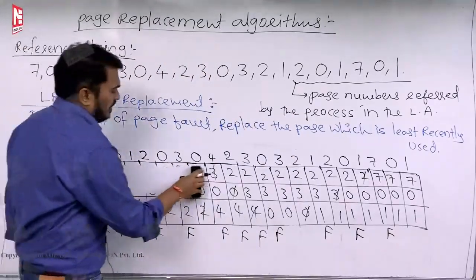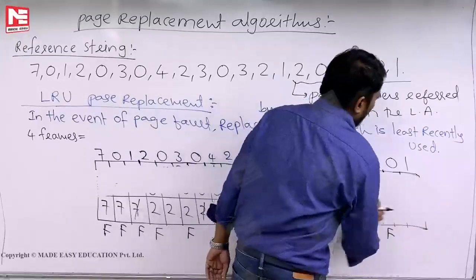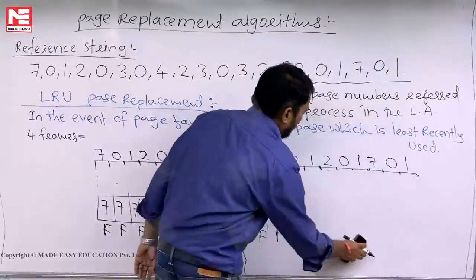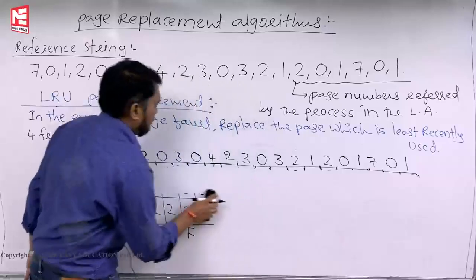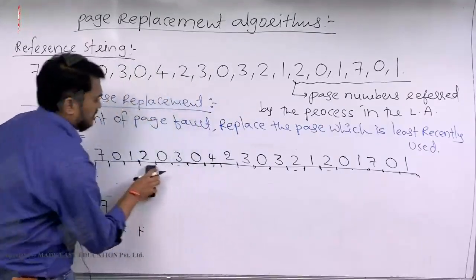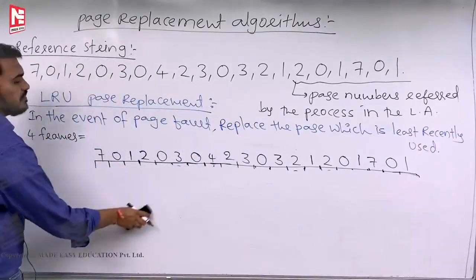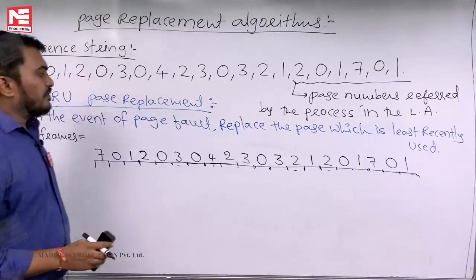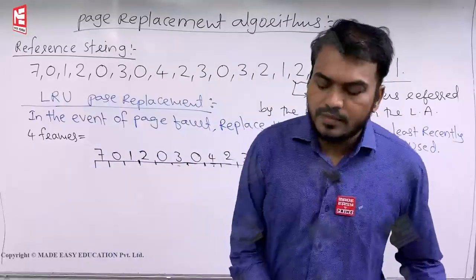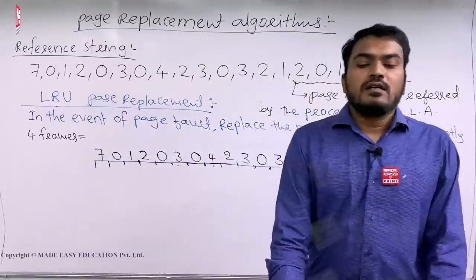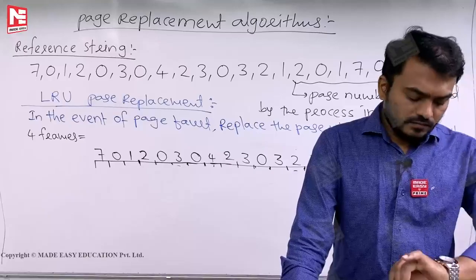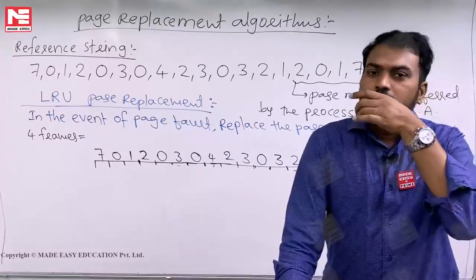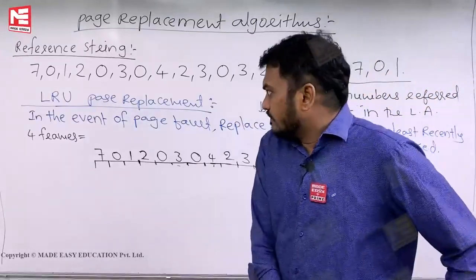I'm waiting for 5 seconds in the live. Solve with the same reference string using 4 frames. Pause the video if you are solving. Please pause my video and try to solve.